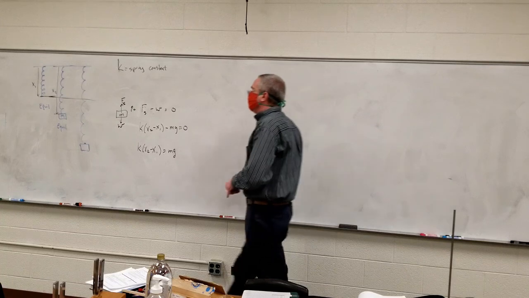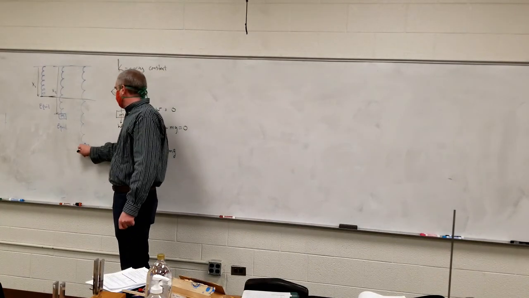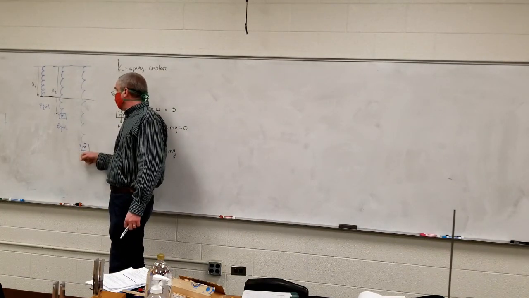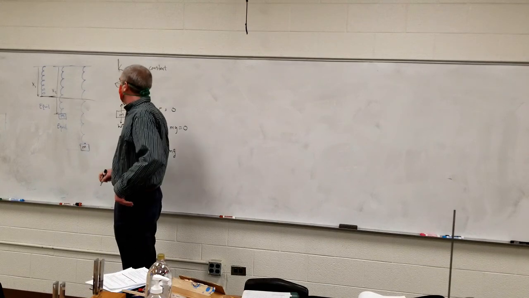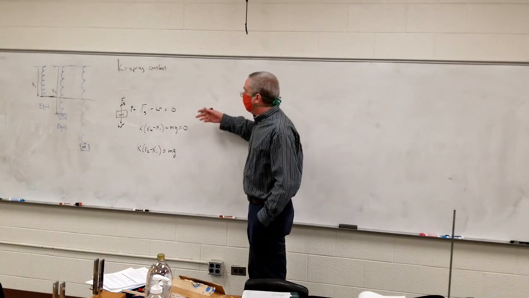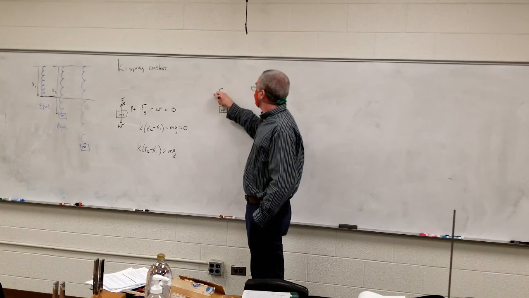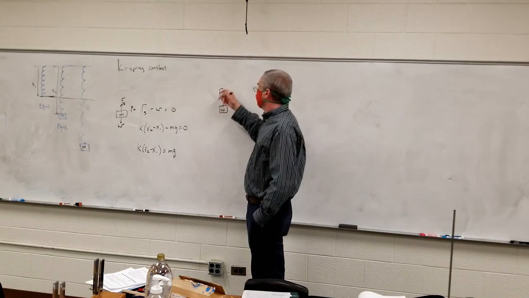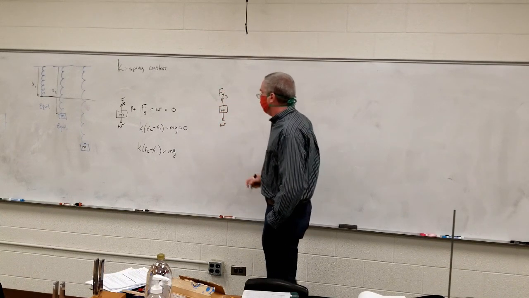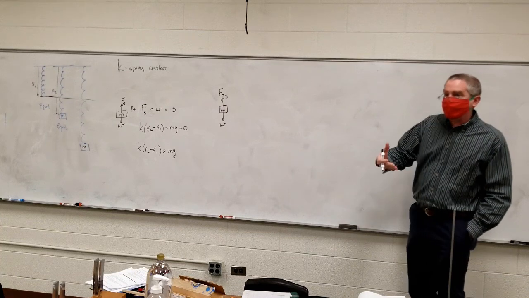Now in the next scenario, I take this exact same mass, I pull it down and I let go. So now this thing is going to be oscillating back and forth. Again, same two forces acting on it. In situation number 3, I've got spring force Fs3 and weight. It is not equilibrium.